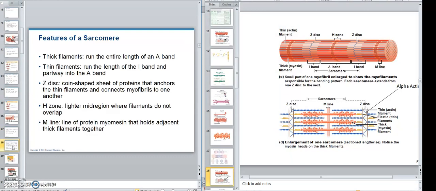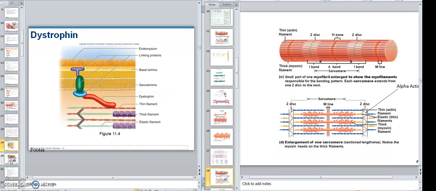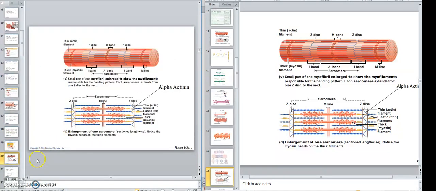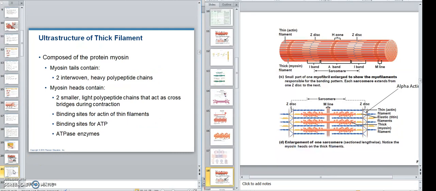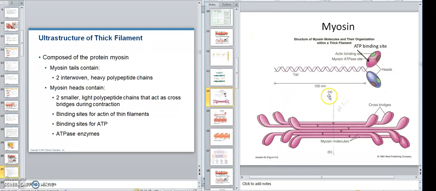Okay, let's go further. We talked about the thick filaments running the entire length of the A band. We talked about the ultrastructure of the thick filament, which is this here: the heads and everything. In other words, myosin tails are hooked together.